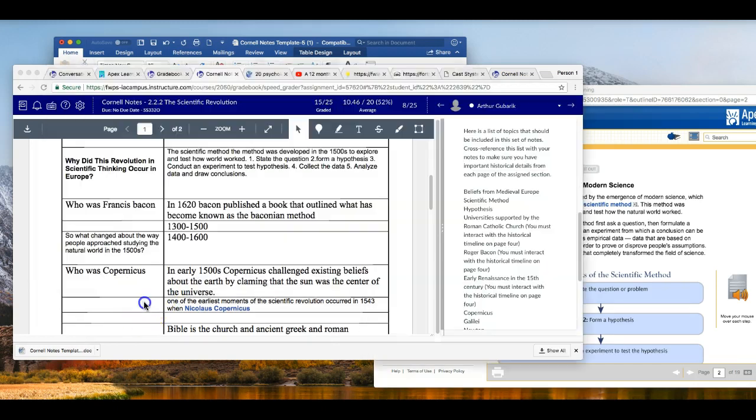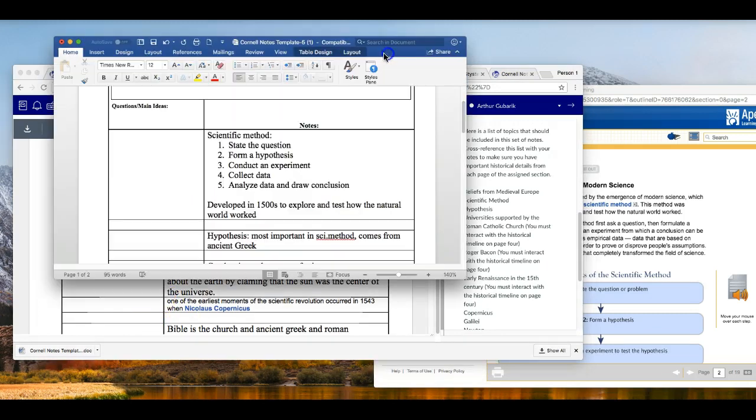And then I took what you wrote in this part right here and also included it, but I just put it at the bottom of the steps to kind of separate the two pieces of the same note.